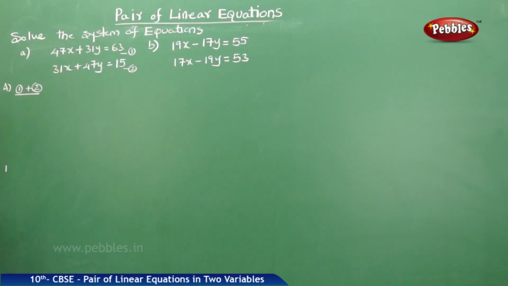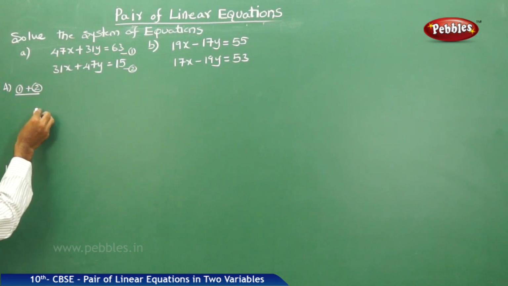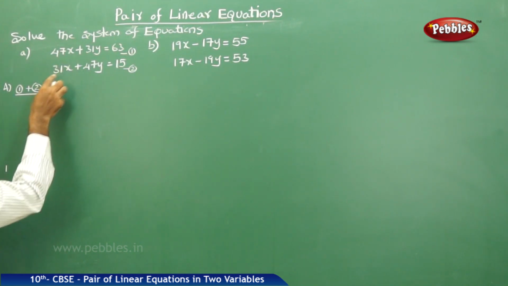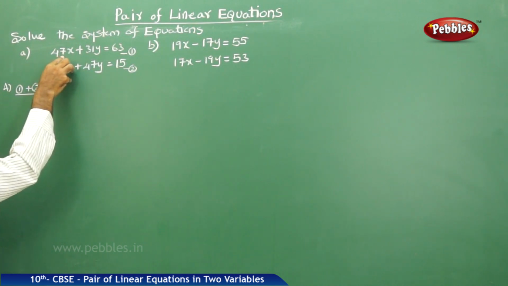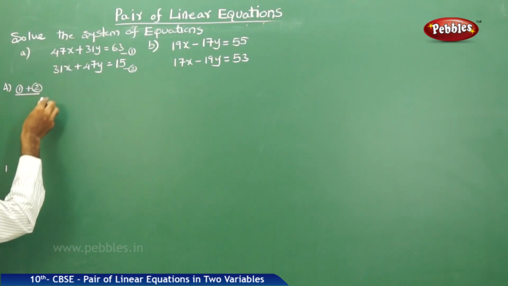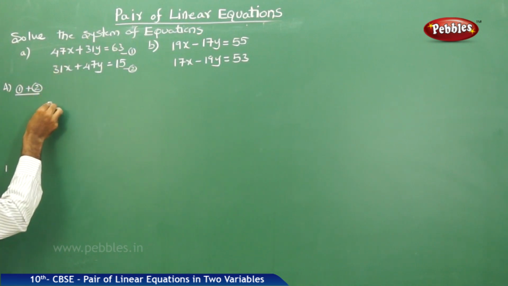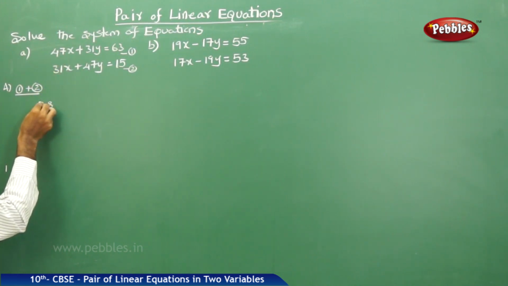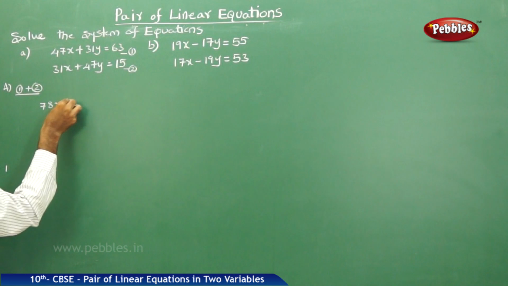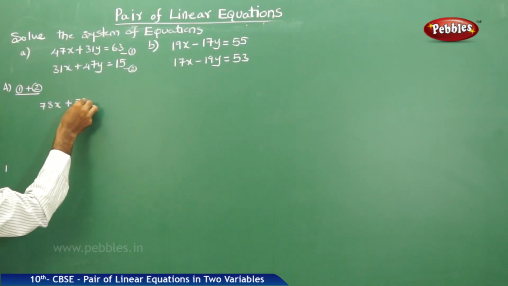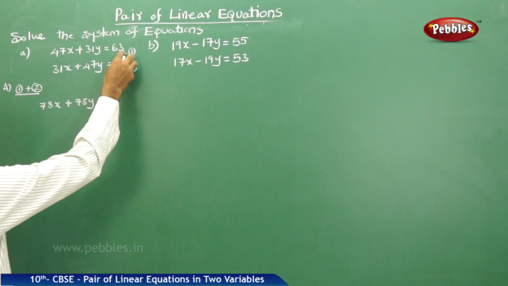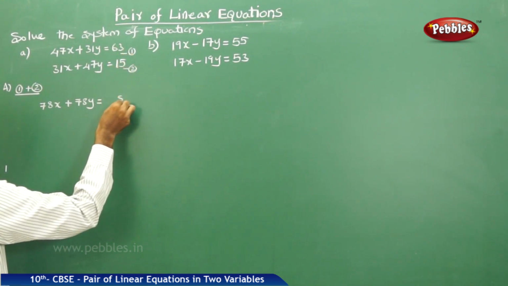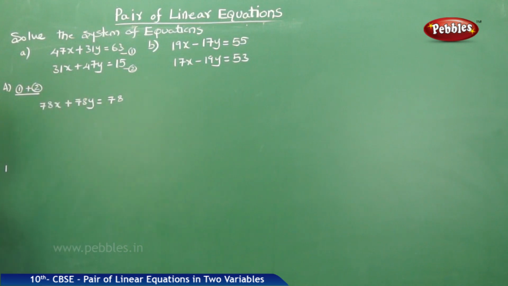That is 47 plus 31, that is 7 plus 1, that is 8. 78x plus 78y is equal to 3 plus 5, 8, that is 78.